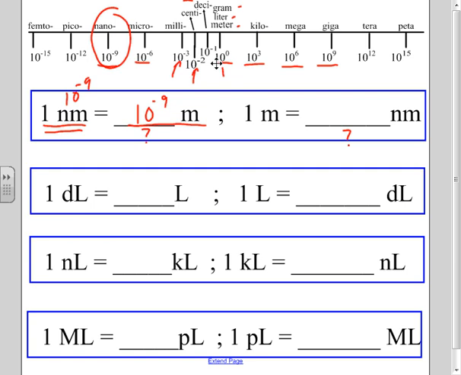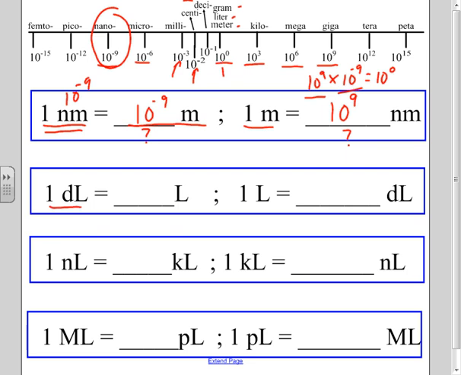And so if we have a meter and we ask how many billionths of a meter are going to fit into that, it should be pretty obvious that you need a billion billionths to equal 1 meter. And if you want to do the math, you could take a billion and multiply it by a billionth, and that equals 1 meter. So a billion times a billionth, 1 meter times a nanometer equals 1 meter.